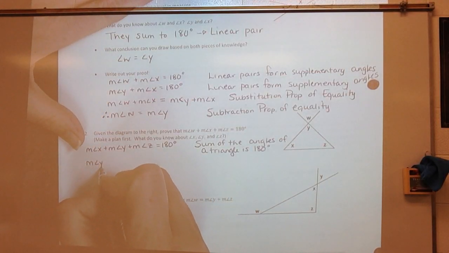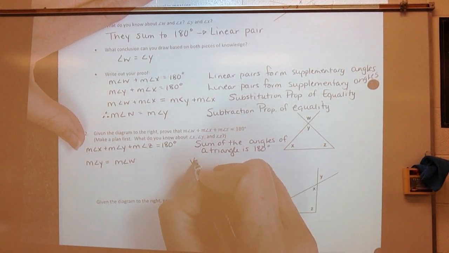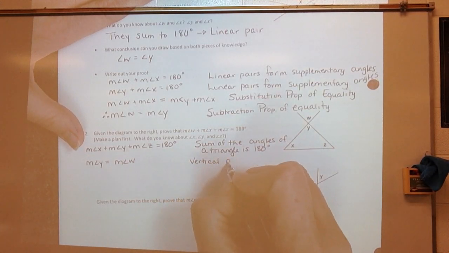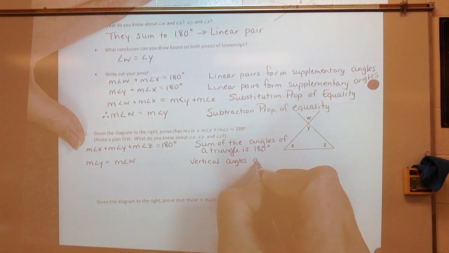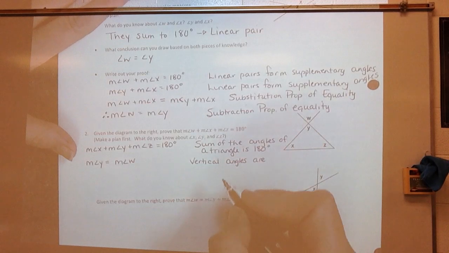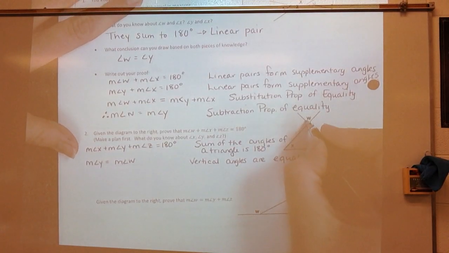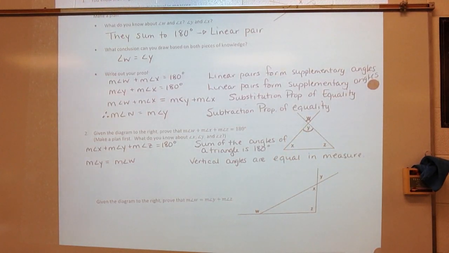So the measure of angle Y has to be equal to the measure of angle W. Vertical angles are equal in measure. Okay, so now I know that angle W is congruent to angle Y. I'm going to mark that on my figure here. All right, so now, does that help me?